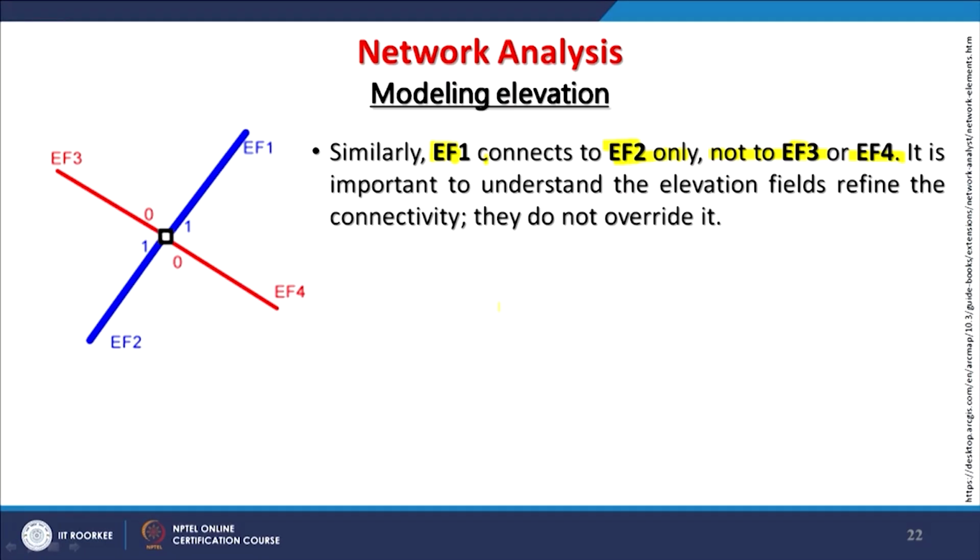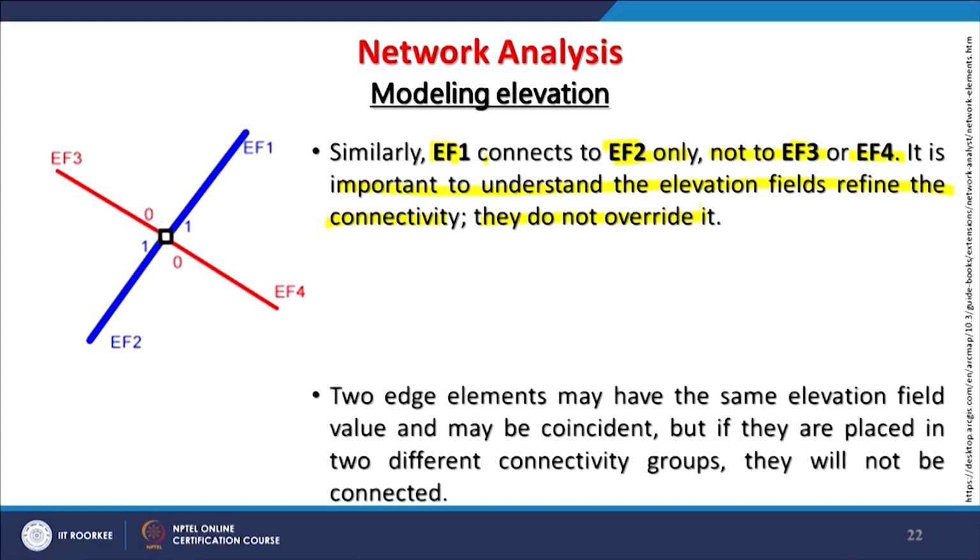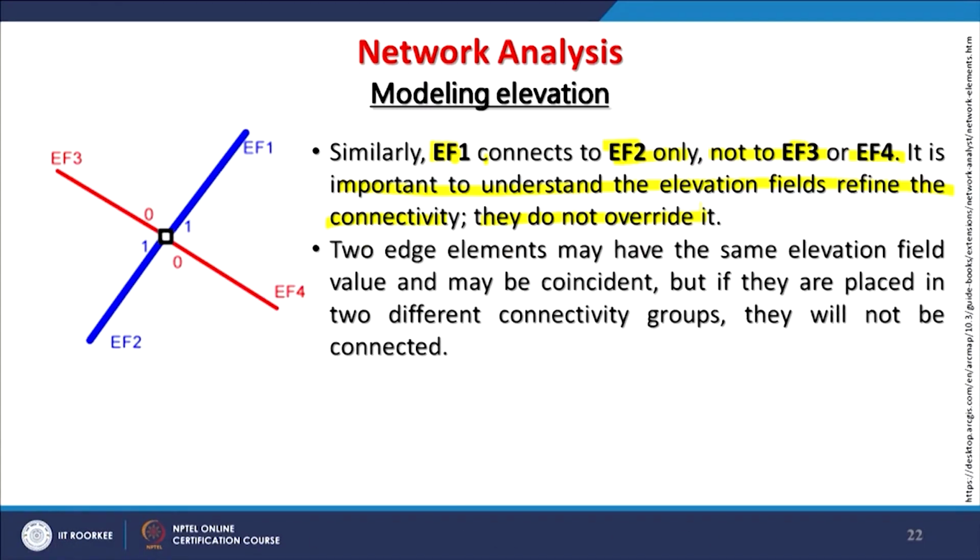So it is true for both types of network here, and it is important to understand that the elevation fields define connectivity; they do not override it. Because in your policy, you cannot instruct the system to forget about elevation. When we are dealing with a system which also has elevation information, then that cannot be overridden. And two edge elements may have the same elevation field values.